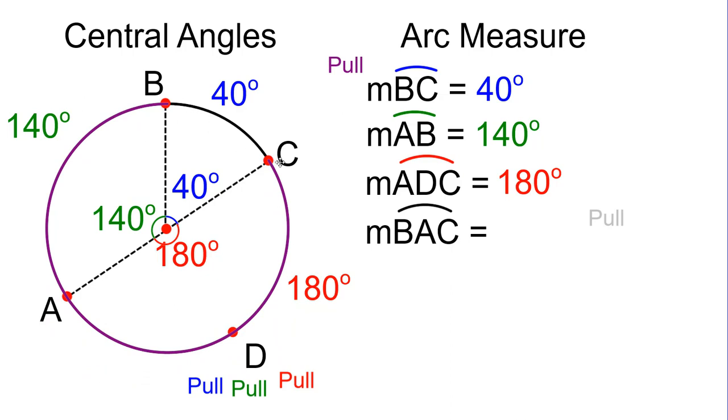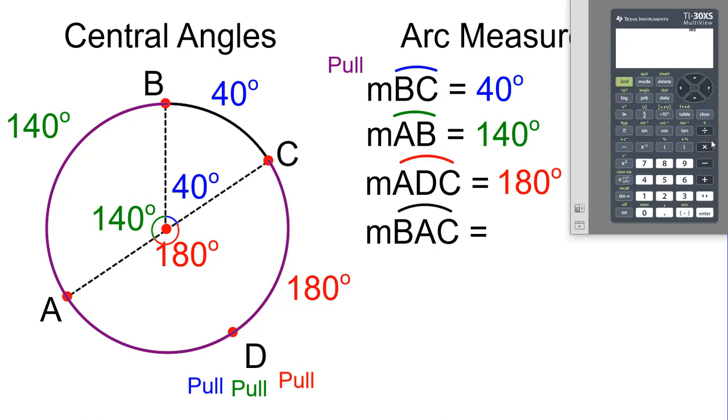So there's different ways that we can find the measurement of this arc. We could first add the measurement of arc BA or AB, which is 140, and then add the other semicircle, which is 180. So let me pull up my calculator here. So we could do 140 plus 180, which would give us 320 degrees.